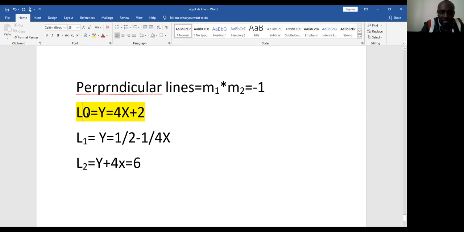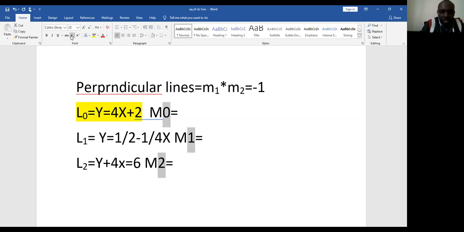If you call this line L0, M0 is going to be the gradient of the line L0, M1 the gradient of the line L1, and M2 the gradient of the line L2. So here M0 we can see is equals to 4.